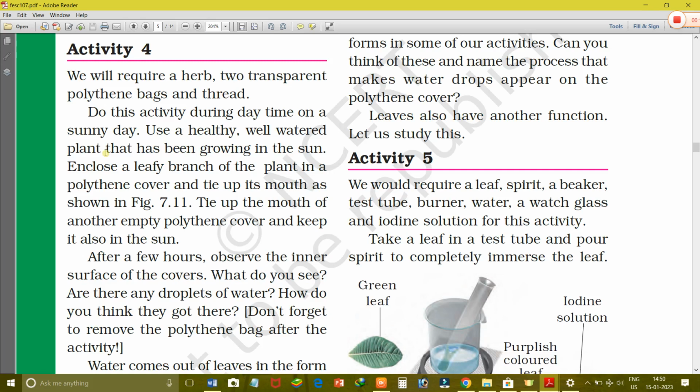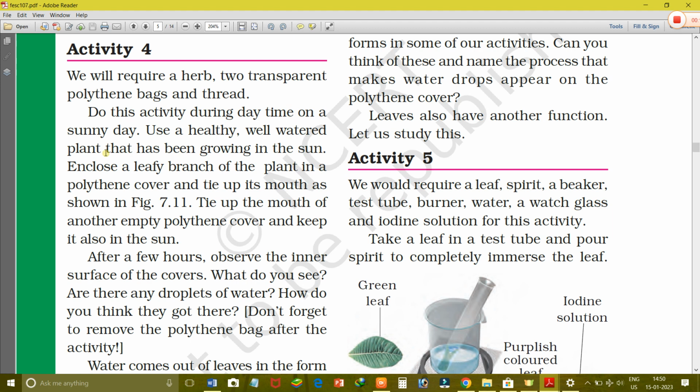Tie up the mouth of another empty polythene cover and keep it also in the sun. After a few hours, observe the inner surface of the covers.